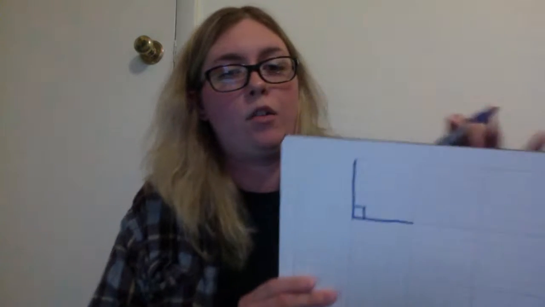So it'll normally look like this and have a box right here, so you know it is a 90-degree angle. An acute angle is an angle that's less than 90 degrees. So it's going to be shorter and closer together. And an obtuse angle is more than 90 degrees, so it's going to be further apart.